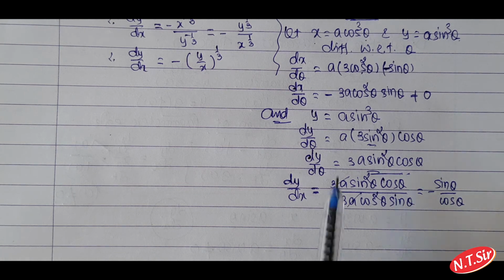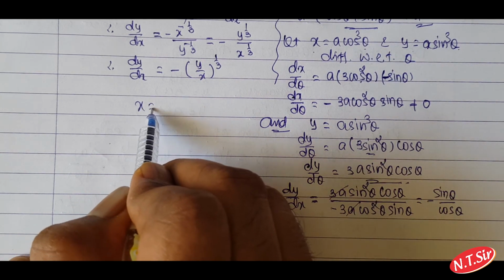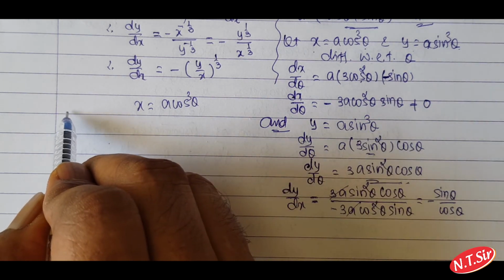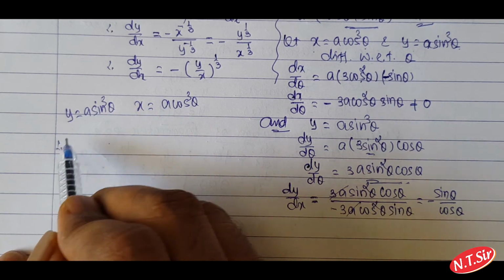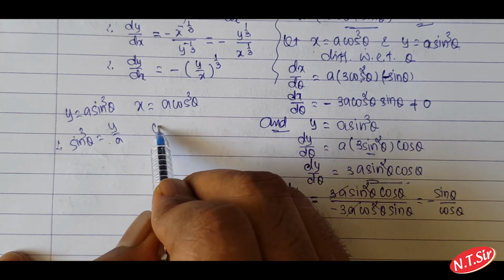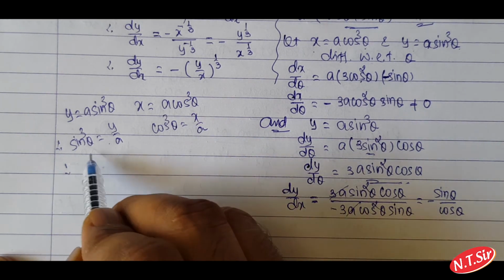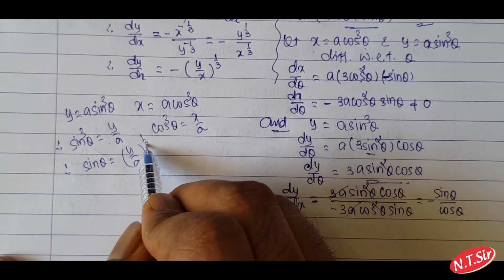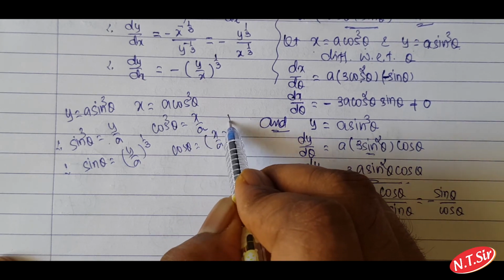Now from this equation, x is equal to a cos cube theta, and y is equal to a sin cube theta is given. So from this, sin cube theta is y upon a and cos cube theta is x upon a, right? So sin theta will be y upon a whole raised to 1/3 and cos theta will be x upon a whole raised to 1/3.